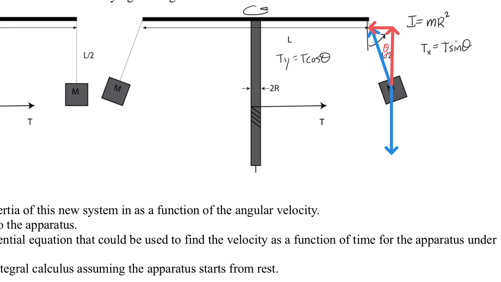And then we said T cosine theta equals mg because the net force in the y direction is 0. And T sine theta is equal to m a_c. Why? Because it's the centripetal acceleration for the object traveling in a circular path. Any of this ringing a bell?